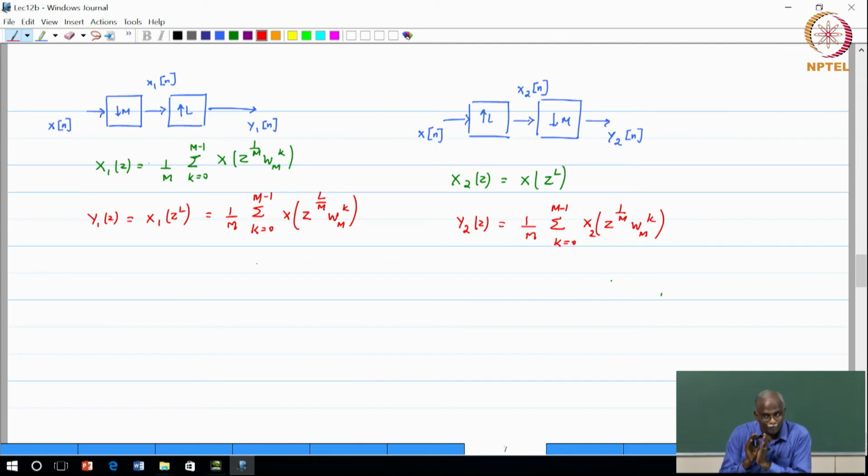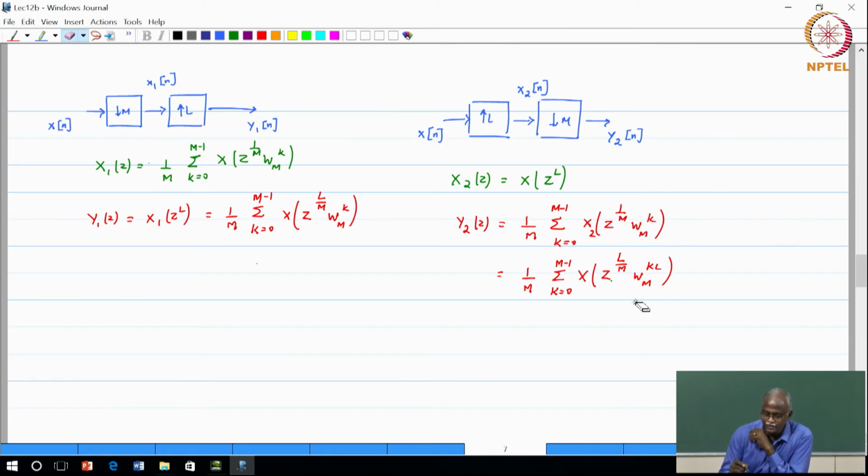So, the operation now, please pay close attention, the argument is z power 1 over M W_M^k. So, X2 of the argument is X of the argument raised to the power L. So, then this becomes 1 over M summation k equal to 0 to M minus 1, X of z power L over M, W_M^(kL).